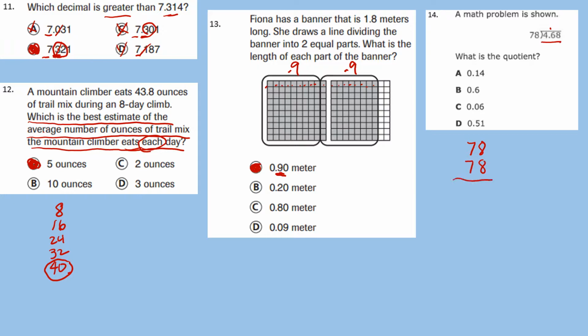78 plus 78 gives me 156. Plus 78, there's one group.